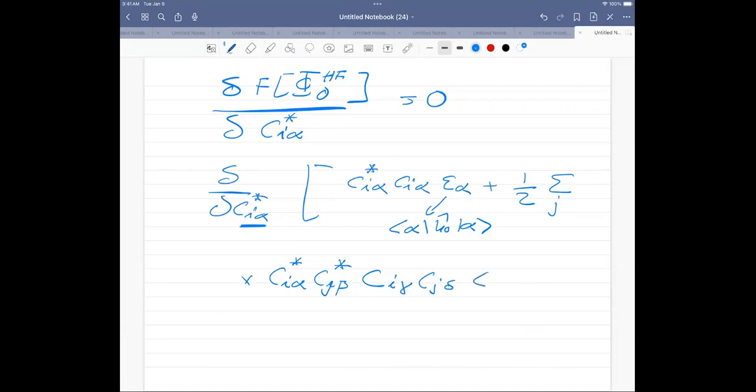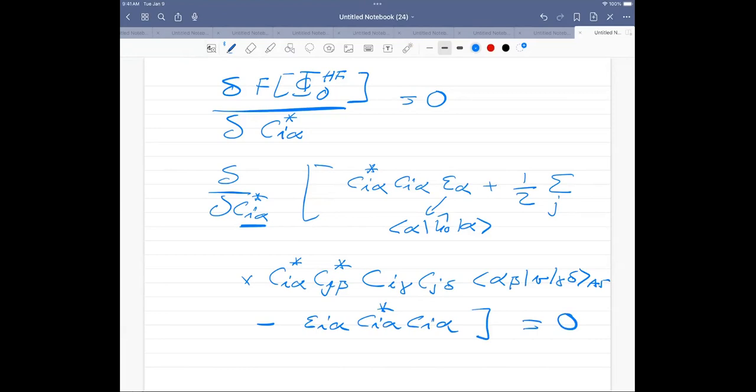And I will have an integral here of alpha, beta, V, and gamma delta, anti-symmetrized. And then I have these coefficients minus epsilon_i alpha multiplied with C_i alpha of C_i alpha. And I want this one to be 0.